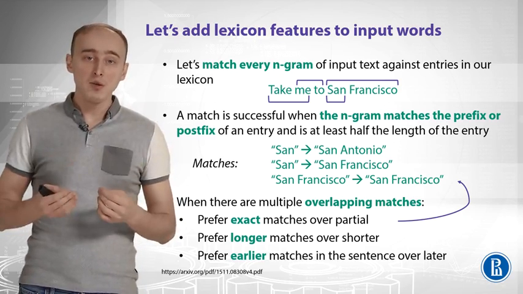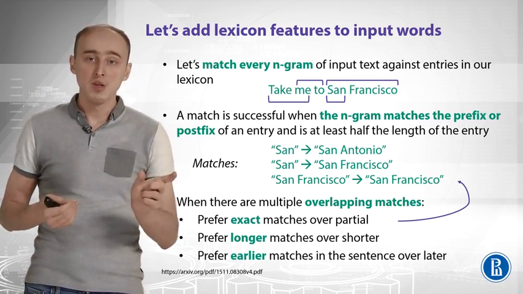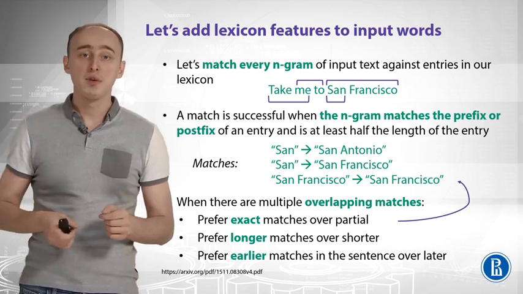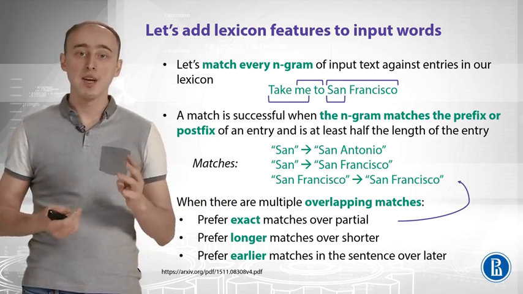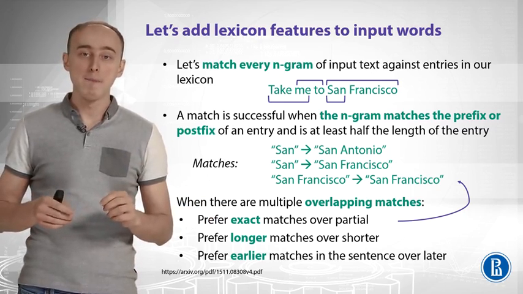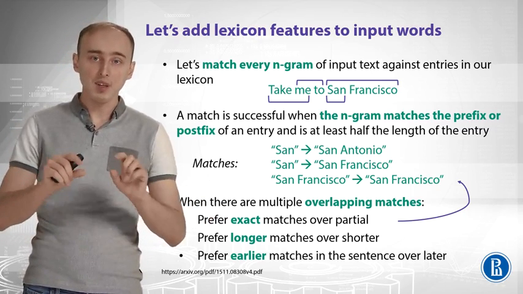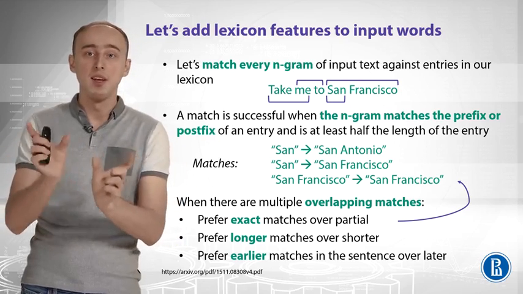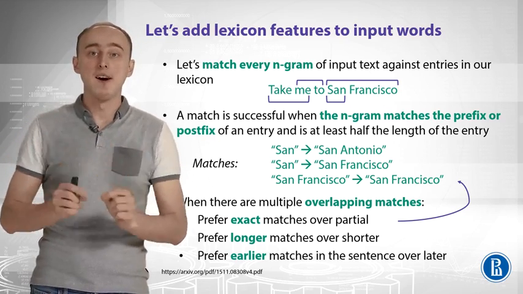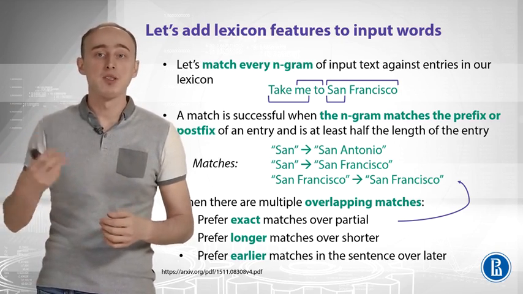We will also prefer longer matches over shorter, and we will prefer earlier matches in the sequence over later. These three rules actually give us a unique distribution of our words in the non-overlapping matches with our lexicon.